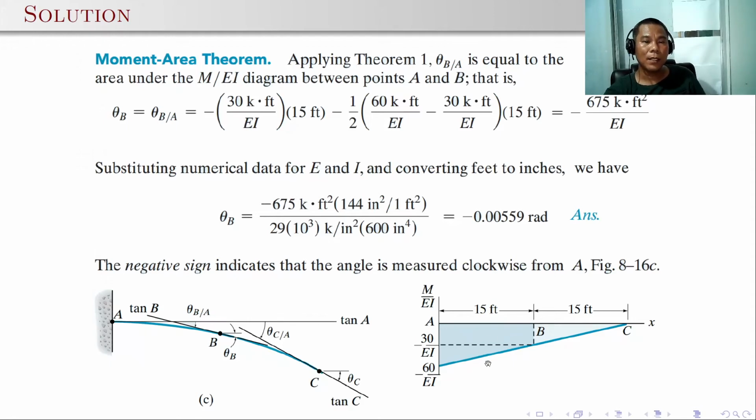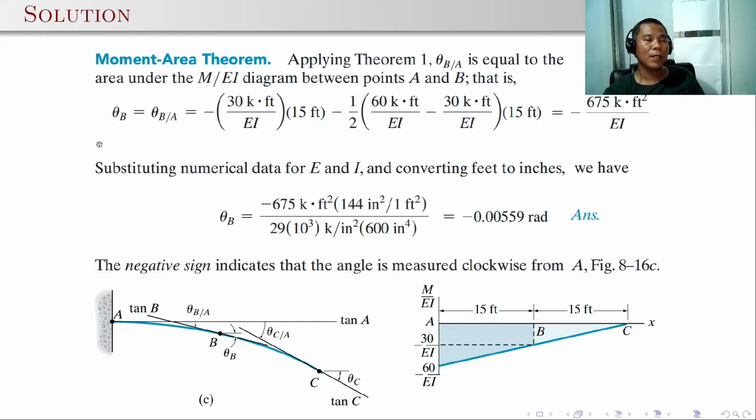The area of the rectangle is minus 30 over EI times 15 feet. Take note the unit of 30 over EI is kip-feet. Minus this triangle, which is negative, so that's why it's minus: minus 1/2 of 60 minus 30 times the base 15. Computing this, the result is minus 675 kip-feet squared per EI.